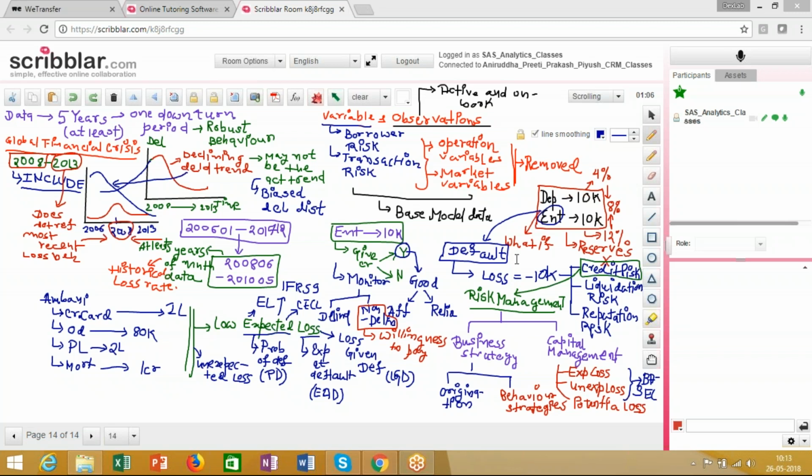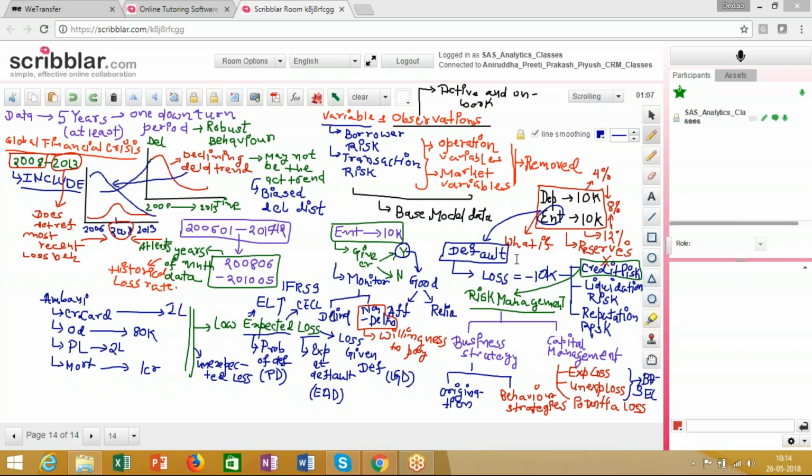Anirudh, it is not calculated like 2 months or 3 months. What we try to understand is whether the account defaults in the next 12 months. If the account defaults in the next 12 months, what is the estimated exposure? What would be the exposure?